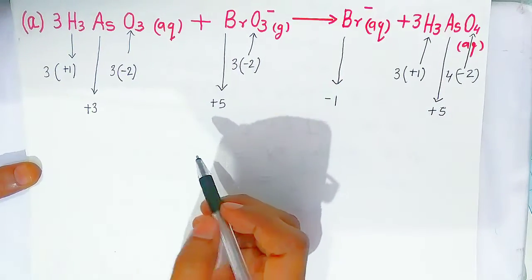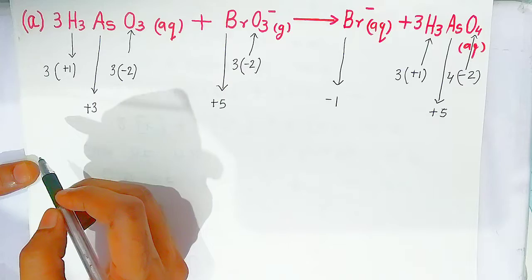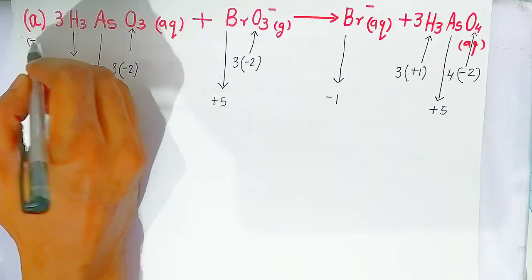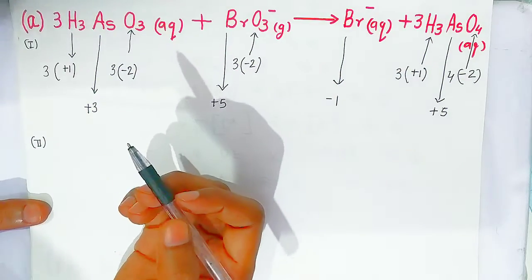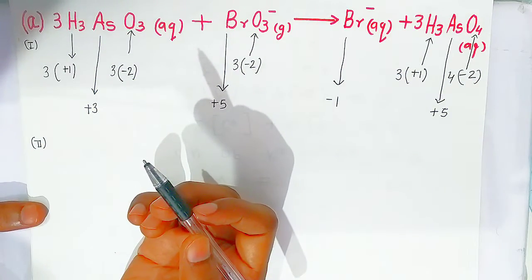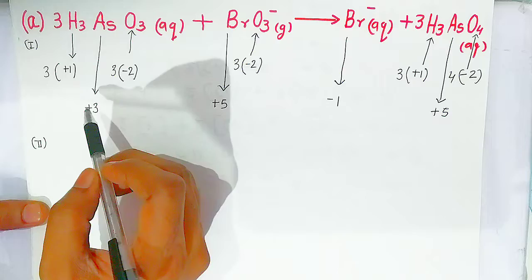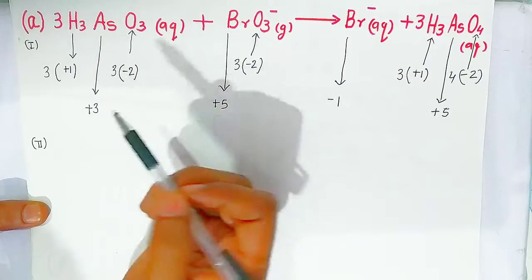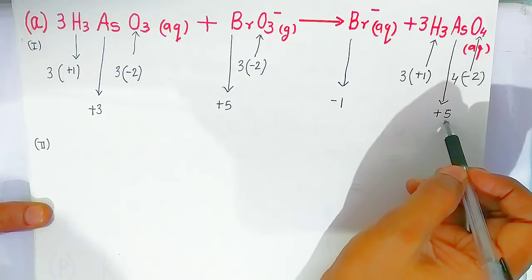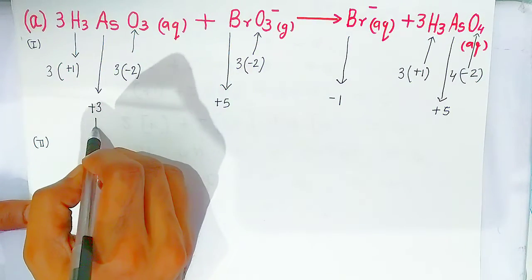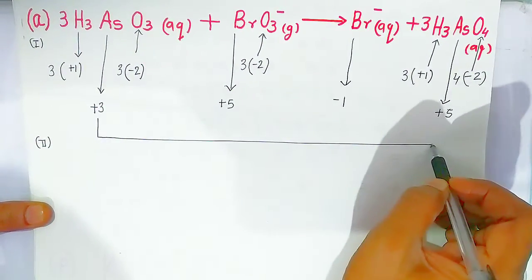Now once you have got the oxidation numbers, students, this is the first step. In the second step you write down which oxidation is taking place. When you see that the oxidation number increases, arsenic is +3, and when you go to the product side, the arsenic oxidation number has increased from +3 to +5.